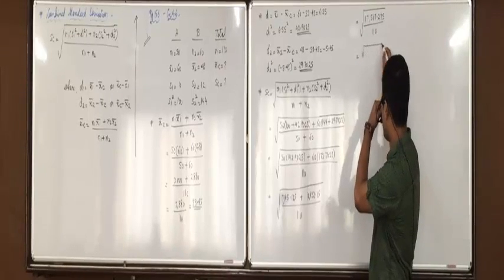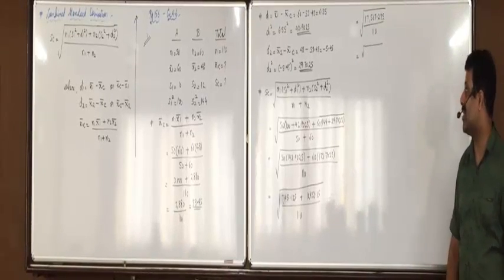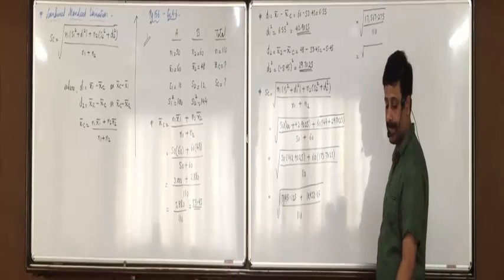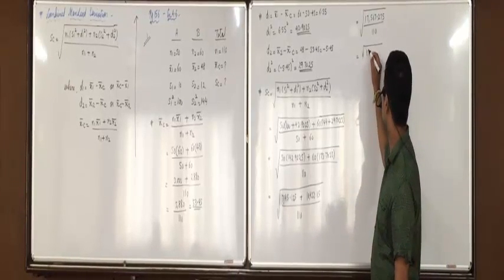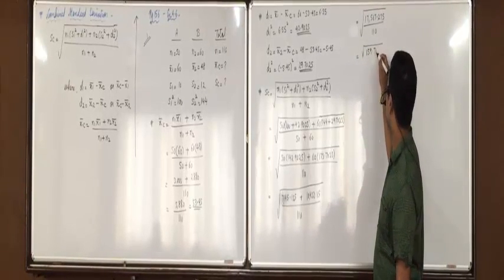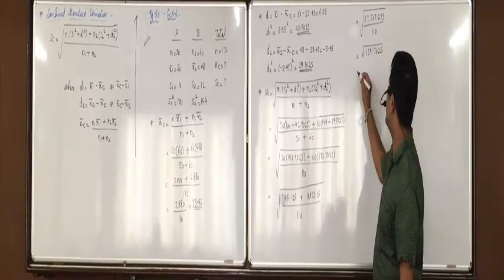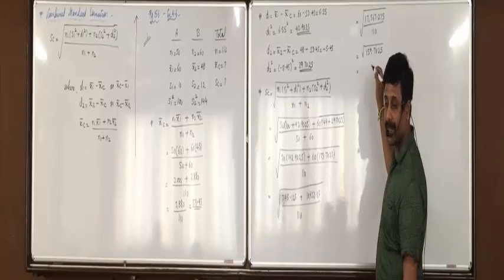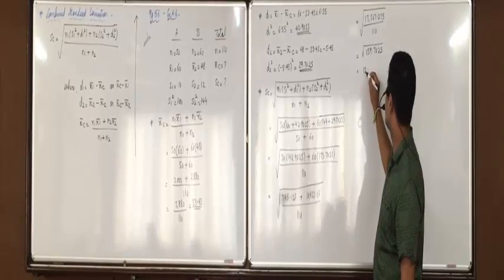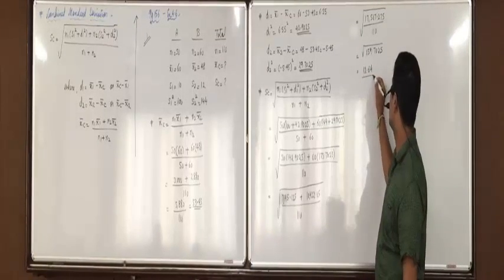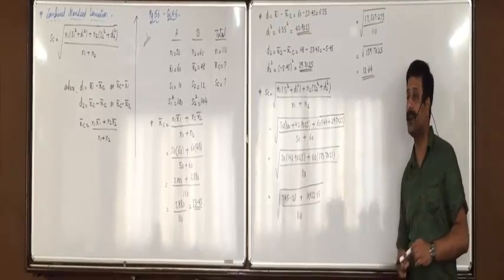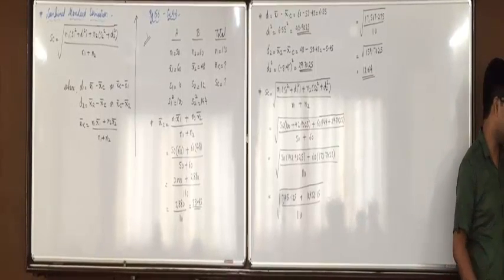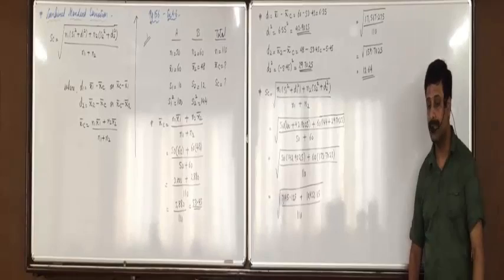So square root of 17567.275 divided by 110, 159.7025. Square root of this, final answer taken two decimals. What is square root of that? 12.64. Understood this, everyone? How to find the combined standard deviation?